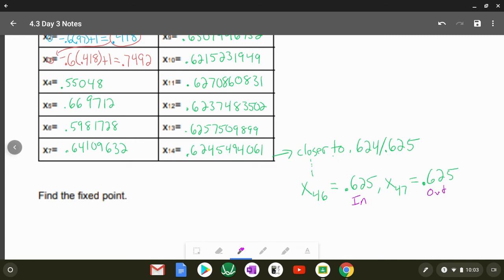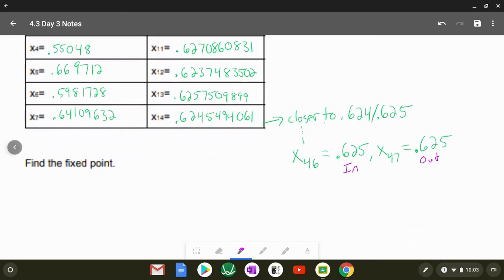Well, what do we say that meant on the front side? That means that this is our fixed point. So this is why we talk about iterations, because in cases where there is a fixed point, we can use the iterations to find it. We already saw there are possibilities where there's an extraneous solution or there's not a fixed point at all.